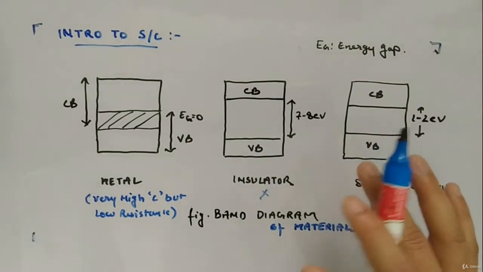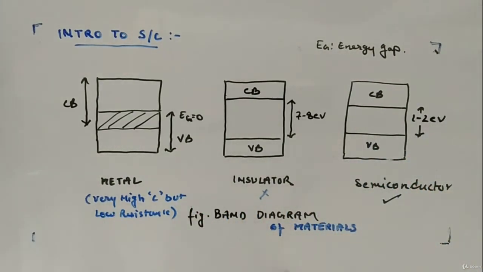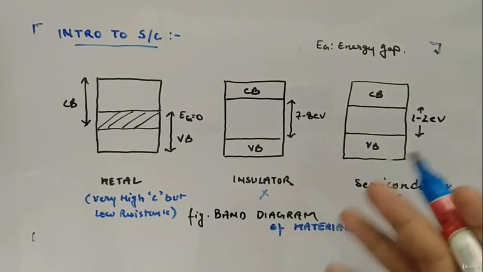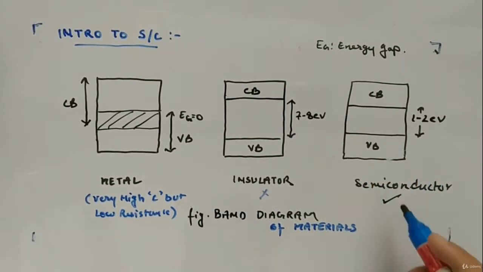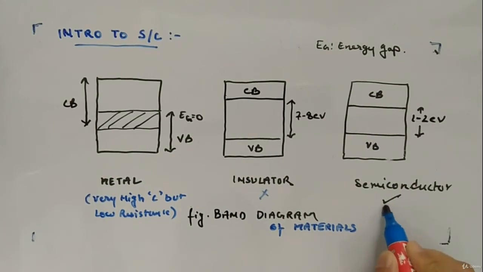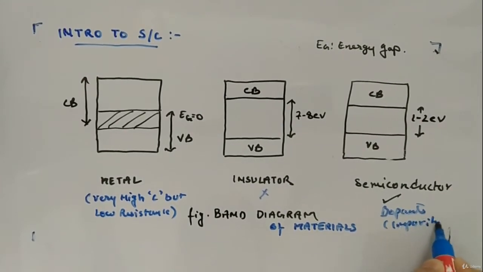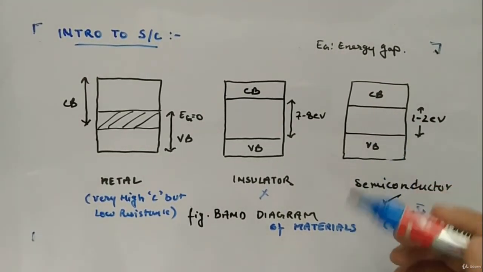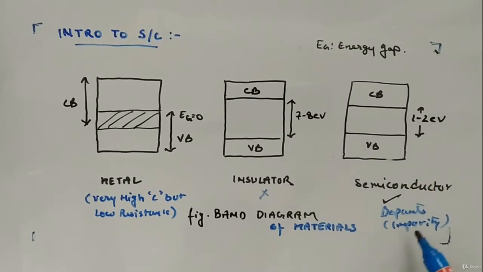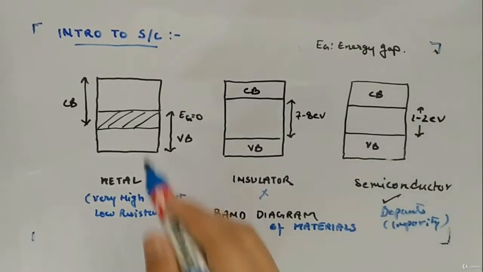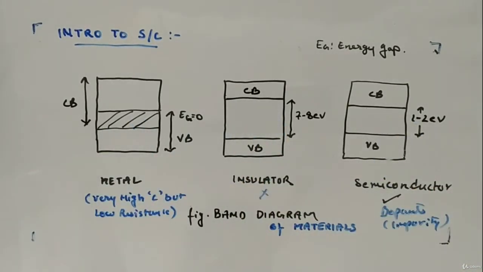We want conductivity between insulator and metal, which the semiconductor provides. Plus we can tweak some properties of a semiconductor, like adding dopants. Dopants means impurities, and we can tweak the conductivity by adding impurity, which we can't achieve in the others.